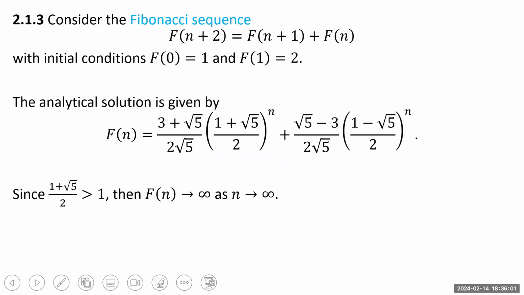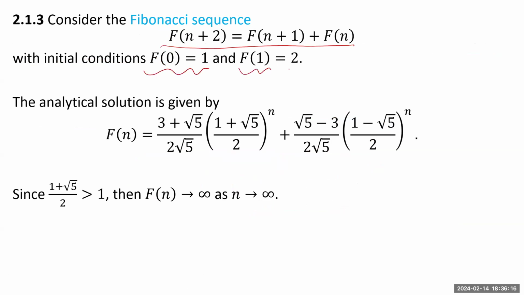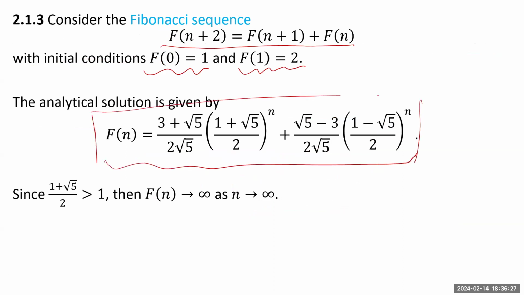The best example of this is the Fibonacci sequence, that is, the rabbit model. We know that this is a second-order linear difference equation, so we need two initial conditions: f of 0 is 1 and f of 1 is equal to 2. Then we already proved the analytical solution of this Fibonacci sequence for the rabbit model.